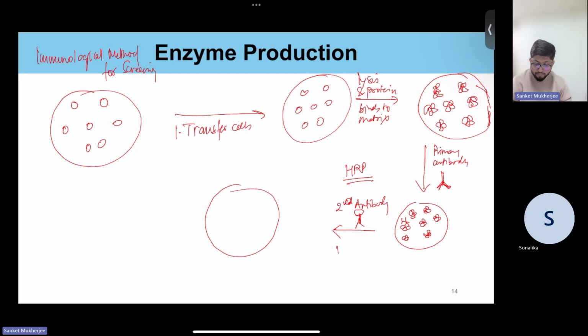After each step, obviously washing is very important, because if you do not wash it, then there's a problem. The secondary antibody will bind to all the antibodies which are present, so you need to wash. For any immunogenic technique, washing is very important.